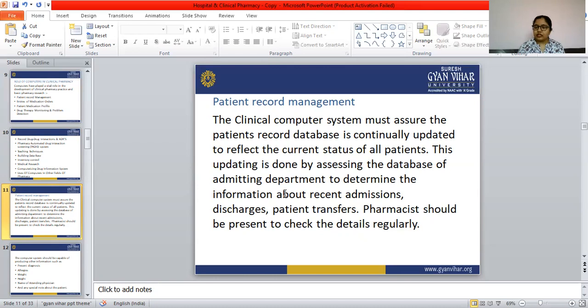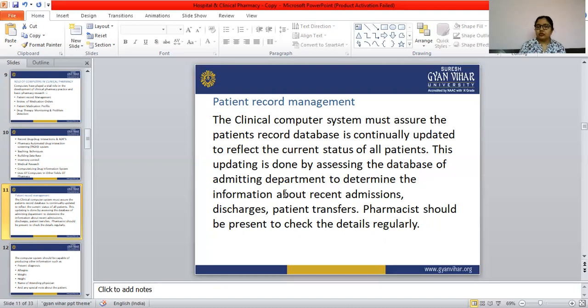Why should they collect all the data? To determine the information about recent admissions in the hospital, discharges from the hospital, and patient transfers. So the clinical pharmacists have to maintain all the patient record databases continually updated.